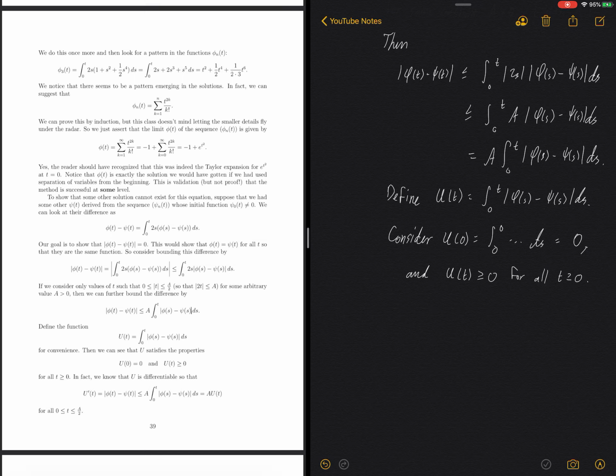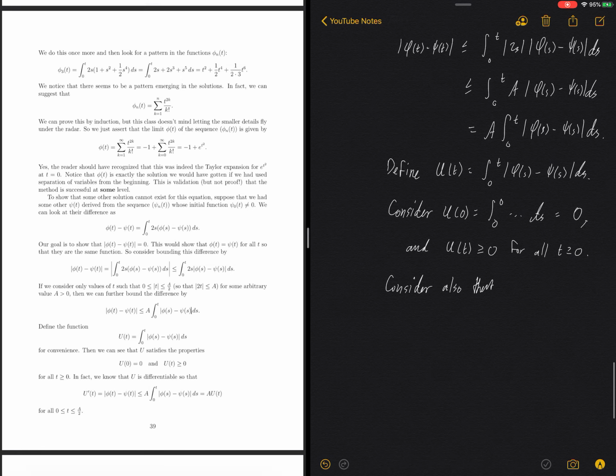If I used a negative t, then you would change signs, since I'd have a number in t that is smaller than 0, and that would flip the sign on us. But for t greater than or equal to 0, u of t is a non-negative function at the very least.